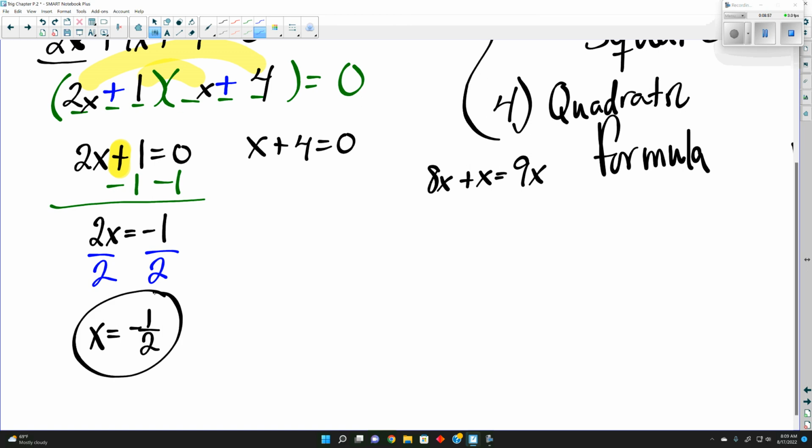And there's one of our solutions. Now for the other one, we can subtract 4 from both sides. Telling us x is equal to -4. That's it.